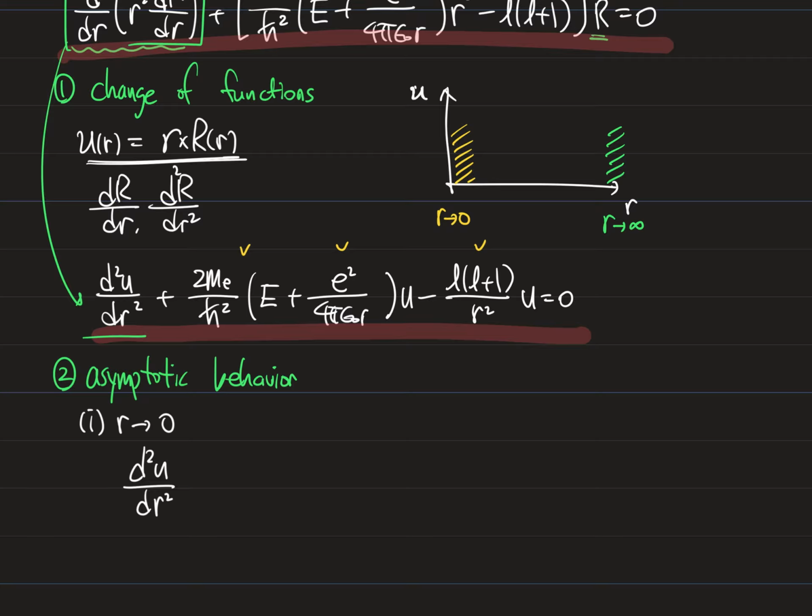The first term doesn't involve r, so it can be considered a constant. The second and third terms involve r. The second term is proportional to 1 over r, and the last term is proportional to 1 over r squared. So which one will be dominating when r goes to 0? The last term, right? So we can ignore the first and second terms and keep something like this.